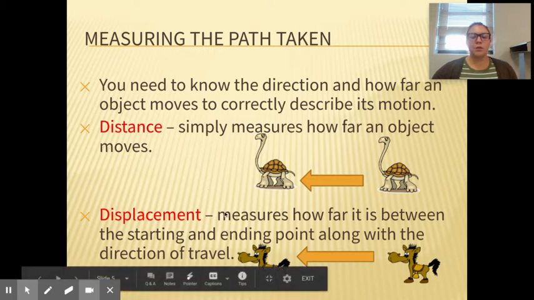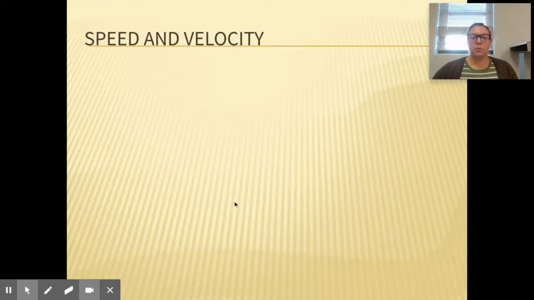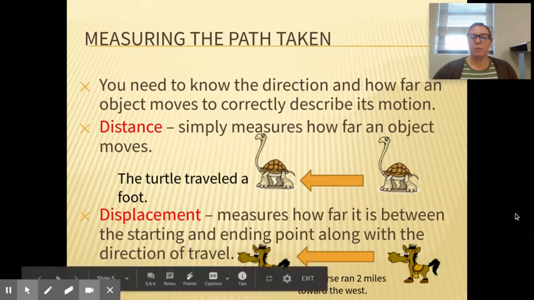Displacement is only going to measure how far it is between the starting point and the ending point, but it will also include direction. Okay, so here the turtle traveled a foot. Down here, this horse ran 2 miles toward the west.